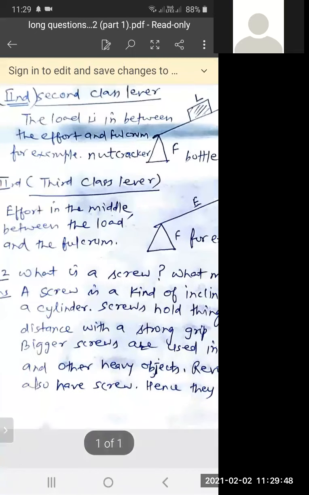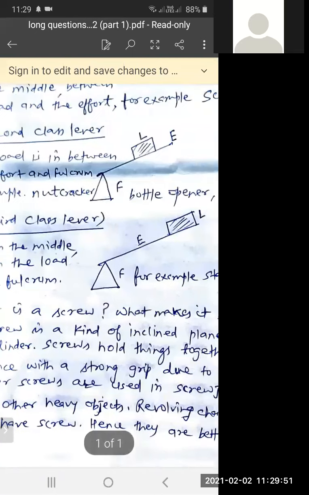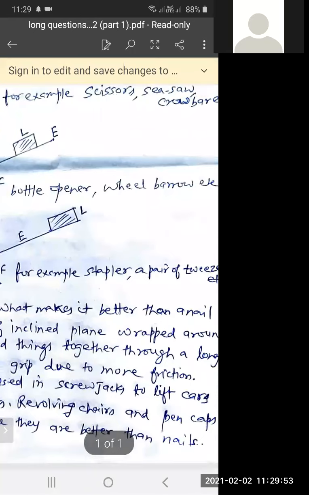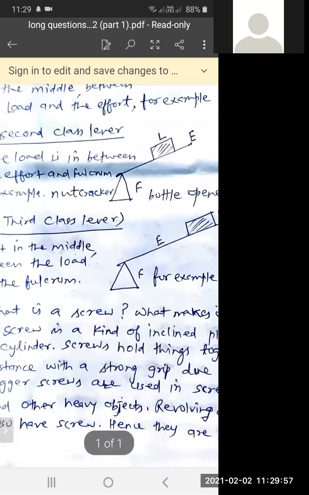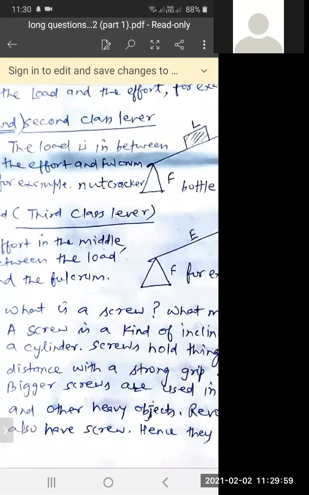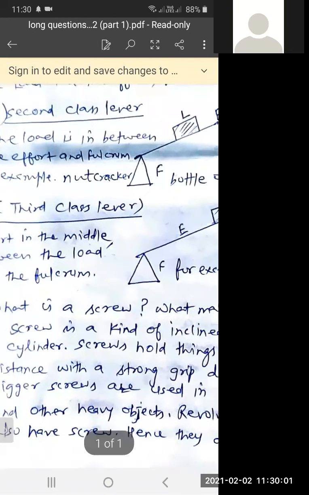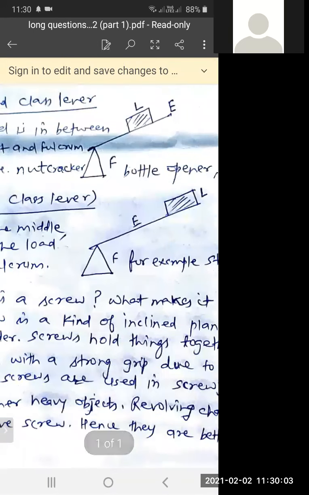Second line. Again, a screw is a kind of inclined plane wrapped around a cylinder. Screws hold things, please note down.